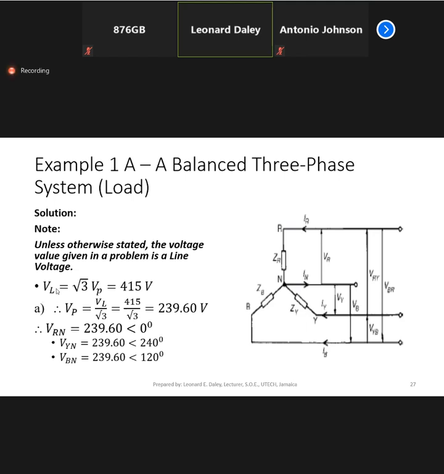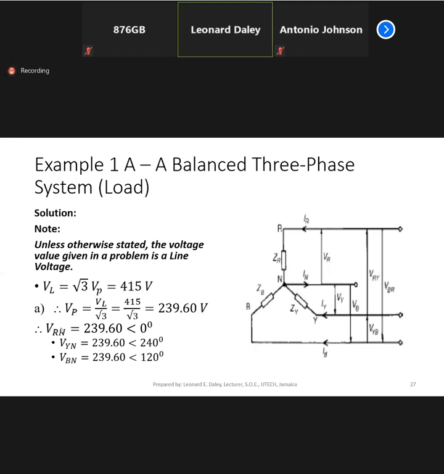So from the problem we had, since it's a star system, VL is equal to root 3 V phase, and we know that VL was equal to 415 volts. So calculating the magnitude of the phase voltage, it will be VL over root 3, so that's 415 over root 3, and that's 239.6 volts.